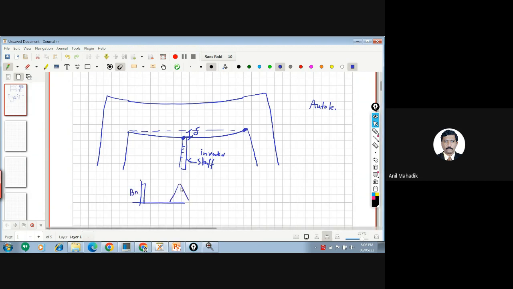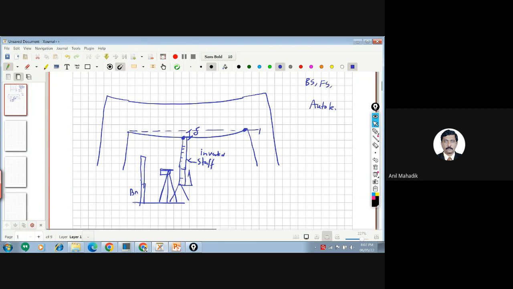Let's say the height will be high actually. So benchmark at one point, and then you will put the inverted staff. There is a procedure of using the inverted staff, how to check the RL, backsight, foresight, all of you know that. Then their difference finally gives you the level.